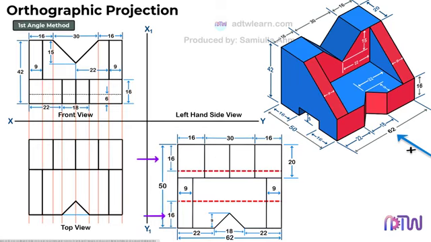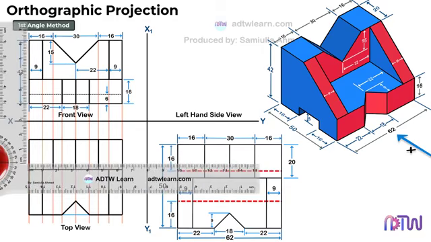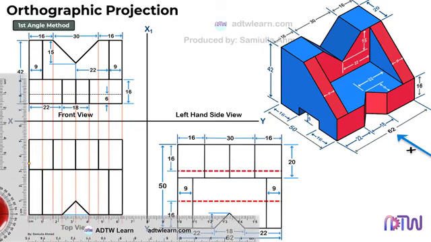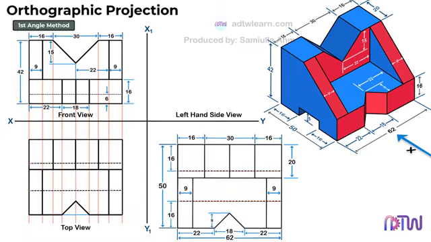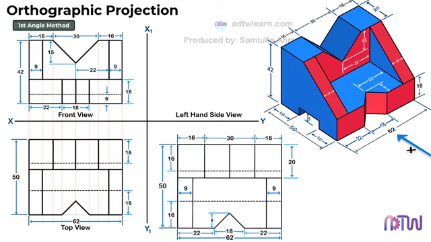Therefore, mark the points at 16 mm from top and bottom on this vertical line, and draw horizontal dotted lines from these points. This is the final required top view of the object.